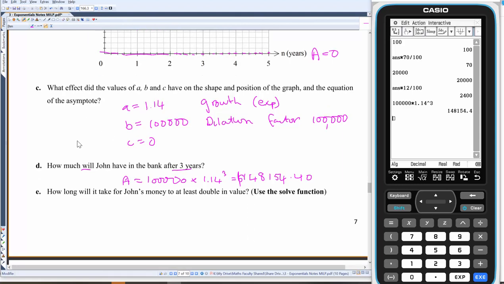So what we're going to do is say that I want to know when John's $100,000 will become $200,000. Okay, so to do this one here, we're going to jump over to the calc and go a solve on that.